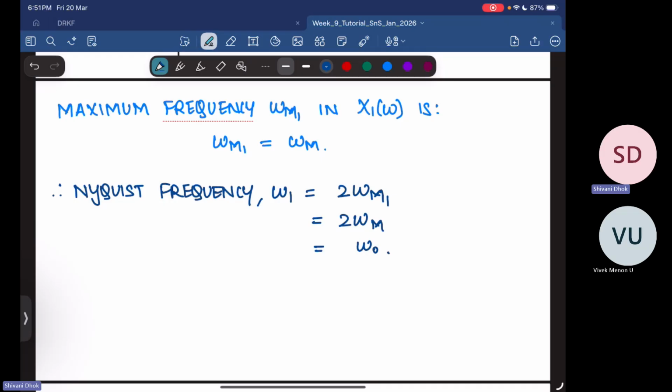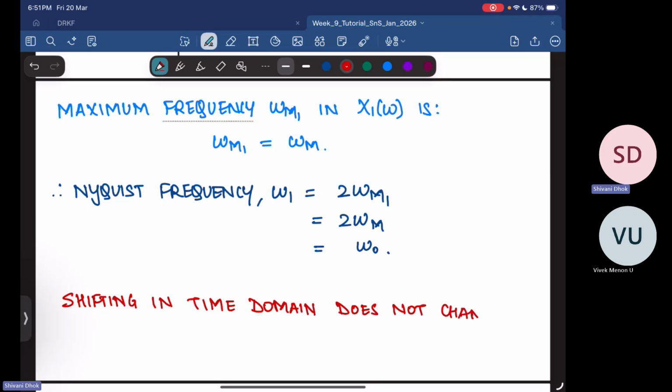So shifting in the time domain does not change the sampling frequency or the Nyquist rate.